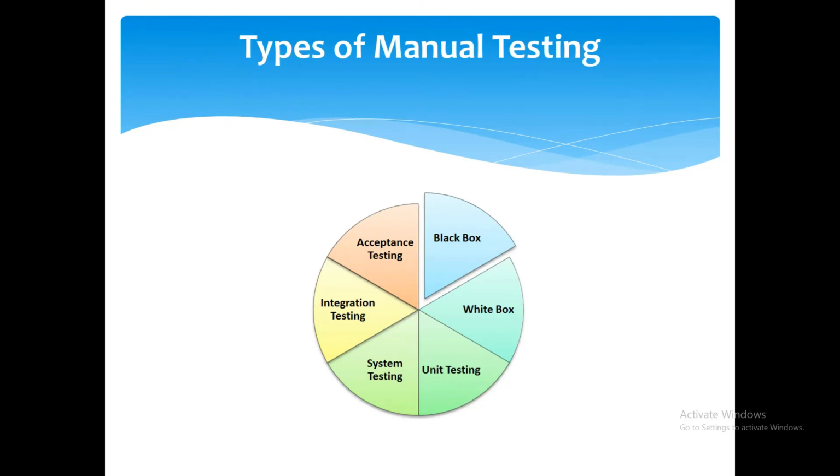Now we will discuss acceptance testing. Acceptance testing is also known as pre-production testing. Along with the tester, end users will also perform this testing for validating the functionality of the application.